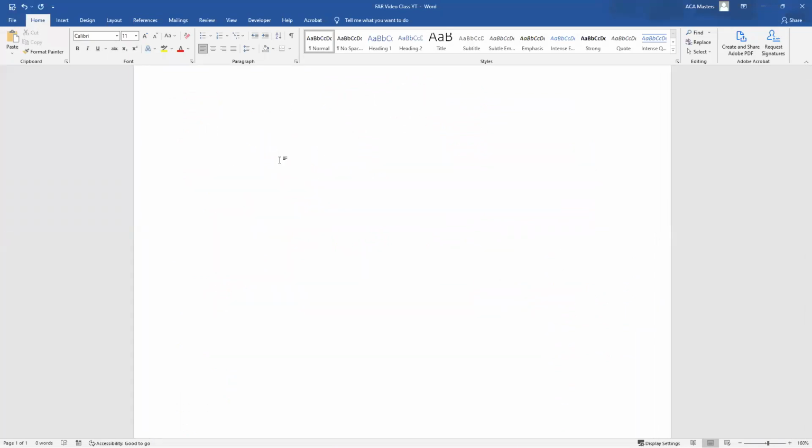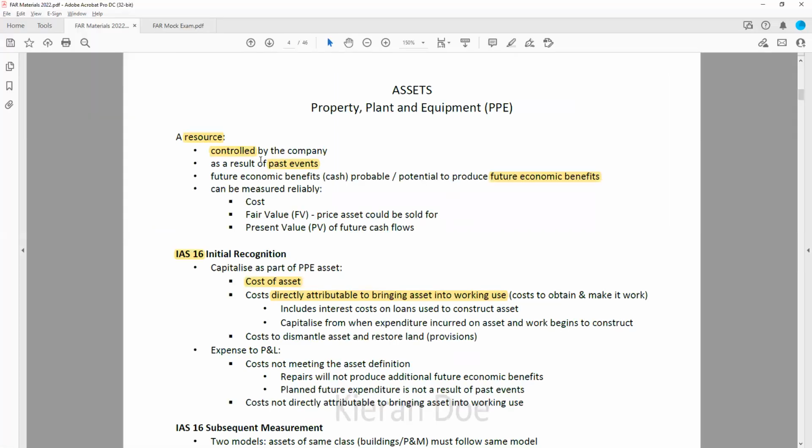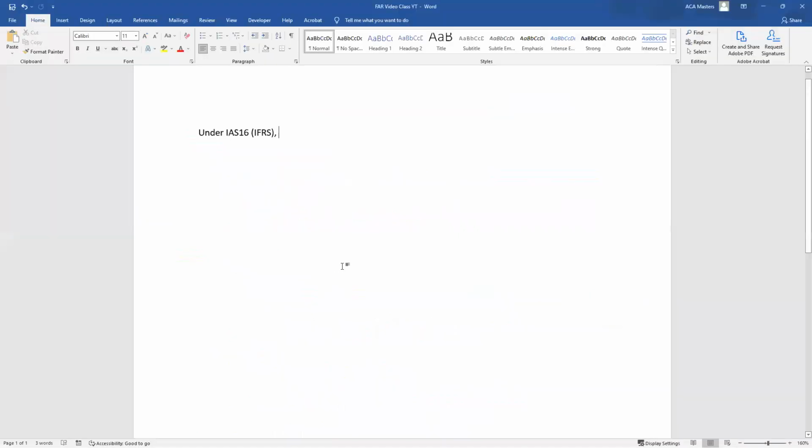So we could say, under IAS 16, now if you don't remember the exact standard number, you could put IFRS, or if you're doing a UK GAAP exam, UK GAAP. So under IAS 16, you could briefly mention what the definition of an asset is.